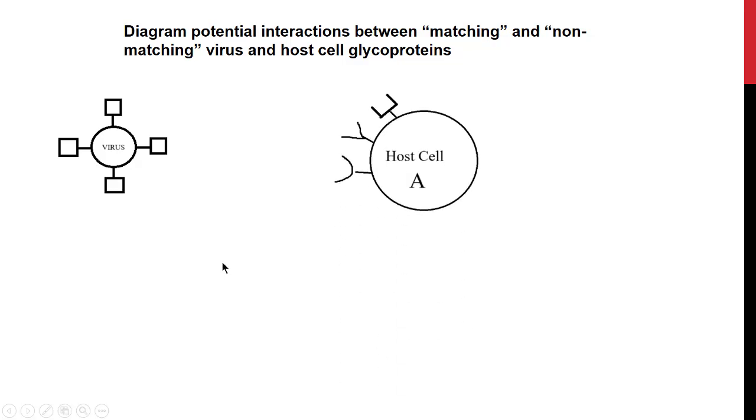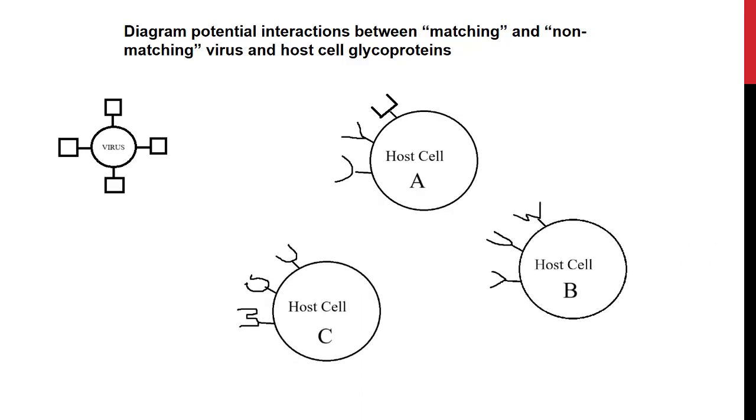Okay, so here's host cell A, host cell B, and host cell C. I've attempted to make these drawings somewhat representative of interlocking shapes. So if you look at the receptors, these represent the host glycoprotein receptors. And we have 3 different host cells, each host cell with its own set of receptors. These are representing just a small fraction of the number of receptors that a cell would have.